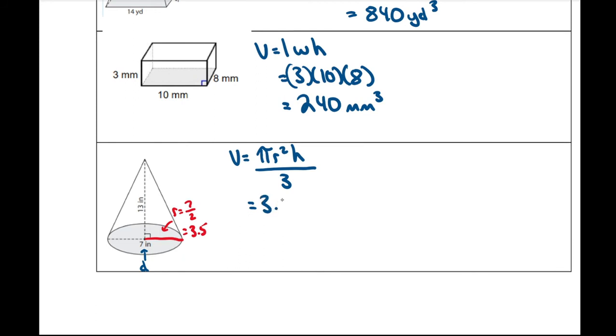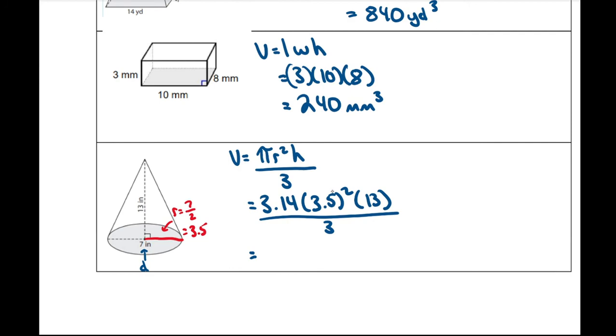So pi is 3.14 times the radius squared, so 3.5 squared, times the height, which is 13, all divided by 3. Again, when dealing with these types of questions, I want to try to simplify it as much as possible first. You could do it in one step on a calculator, but again, take that extra second.